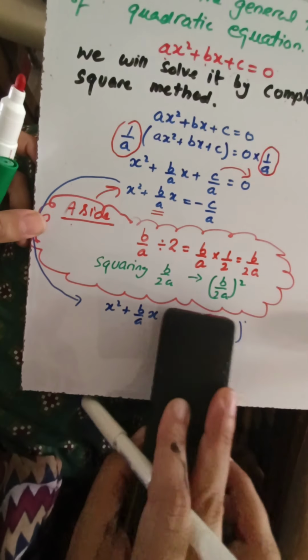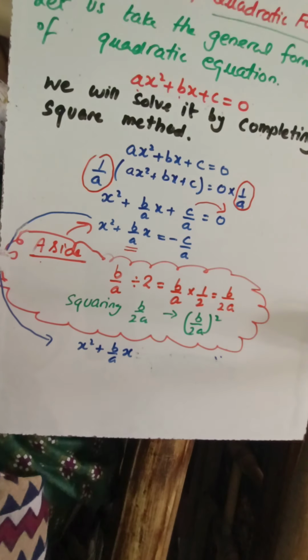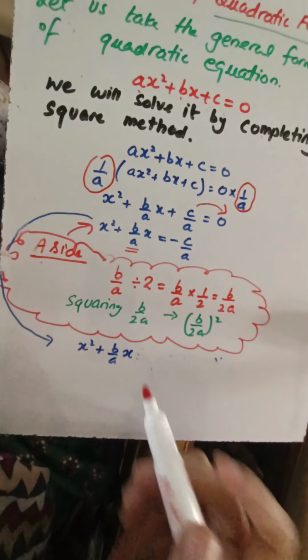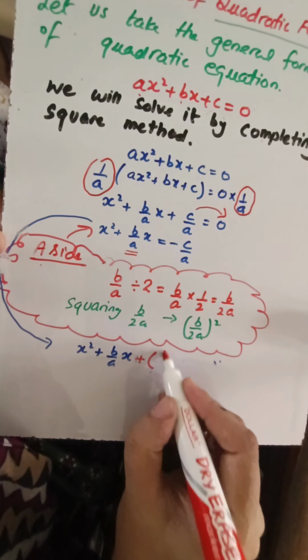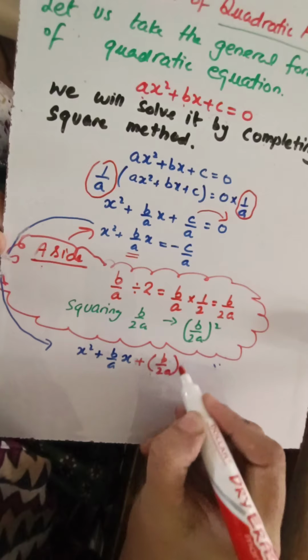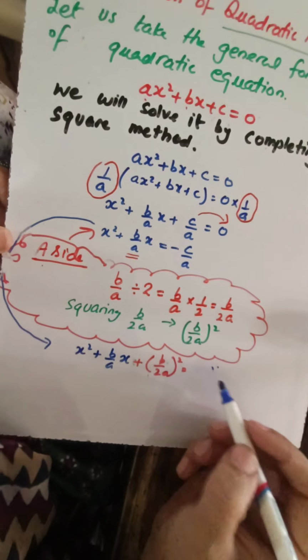Sorry, I had to add to both sides of the equation. Okay, so now we have to add b over 2a whole square on both sides of the equation. b over 2a whole square I am going to add over here as well as to the right hand side.